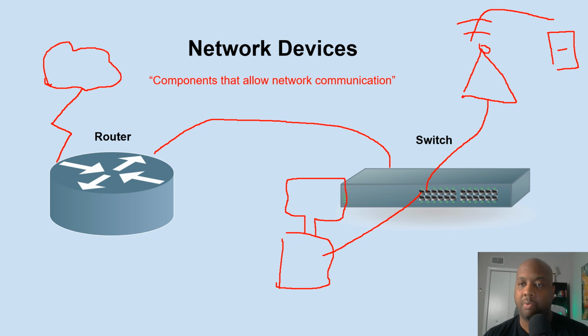So that's a protocol, but again, we'll get into the specifics of that. I want to keep this basic, and so these devices are things that will allow you to communicate on the network, and they will bridge that communication in different ways and through different mediums.